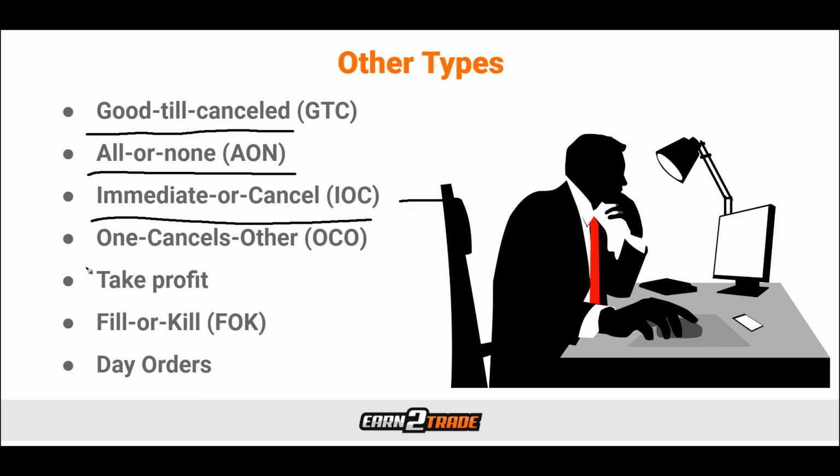Then we have the one cancels the other, an OCO. When using the OCO order, the trader is placing two separate orders. The moment one is executed, the other is canceled. So if we were to understand how this condition works in practice, let's pretend that we were to buy a stock at, say, $50, and we have a profit target of 20%.